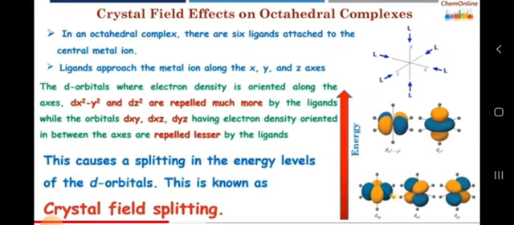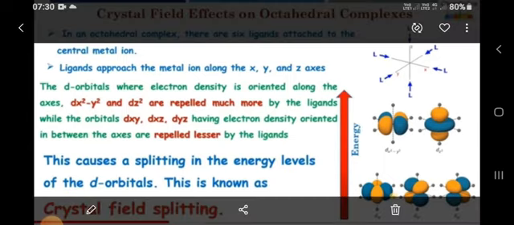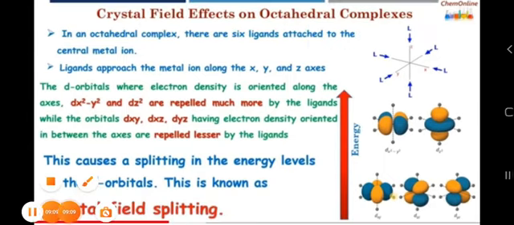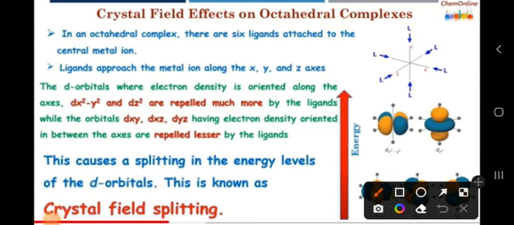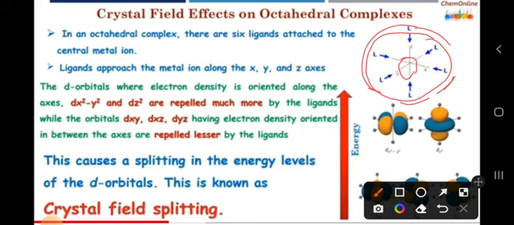Now let us take one example here, that is octahedral complexes. If you take an octahedral complex, there are 6 ligands attached to the central metal atom. So this is the central metal atom, and these are 6 ligands attached to it. When these ligands approach the metal ion, donating to the metal atom along the xyz axes, then the d orbitals are oriented.